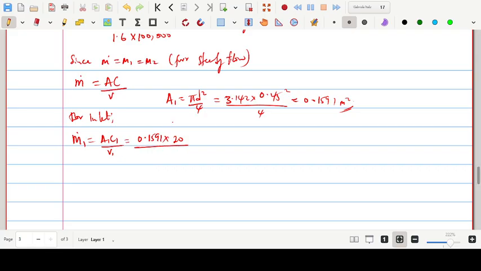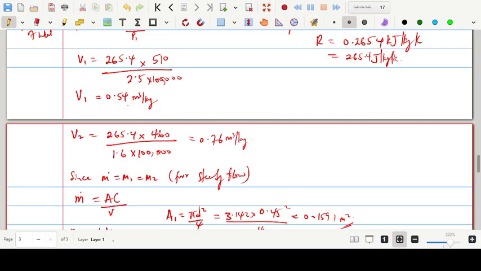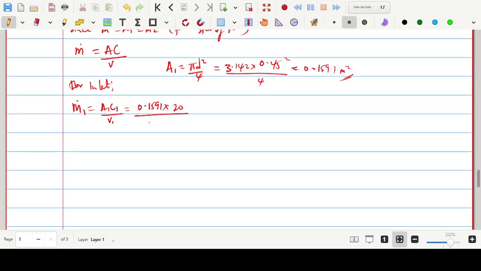Now specific volume for 1. What's the specific volume for 1? That's 0.54. So use 0.54. Now let us calculate that. 0.1591 multiplied by 20, then divided by 0.54.